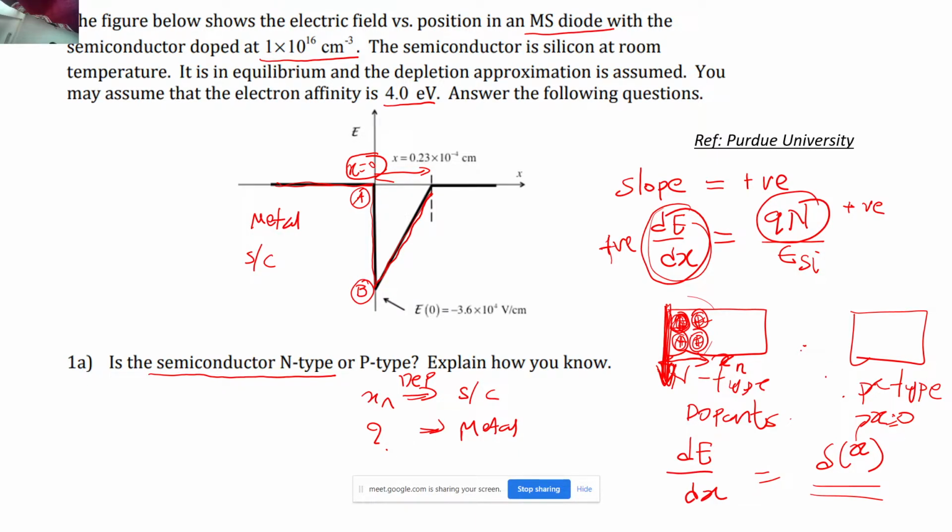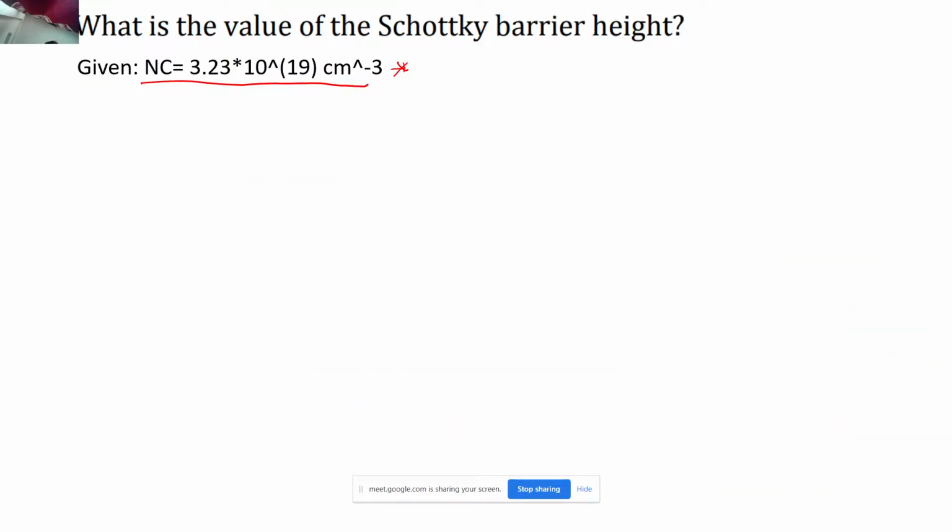Any hints, any suggestions? Barrier of metal. What the barrier of metal?